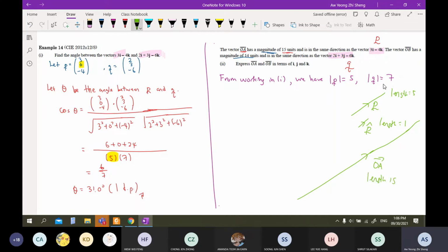And if you want to perform these two steps in one go, it's possible. So OA is just the vector P itself divided by its own length, which is 5, and then you magnify it by 15. You straight away get this one. So it's possible to do it very fast. And so what we are really doing here is that we find the unit vector.